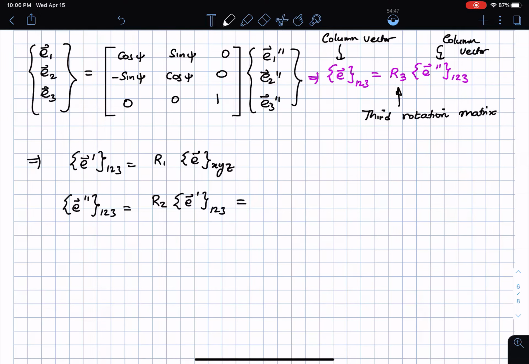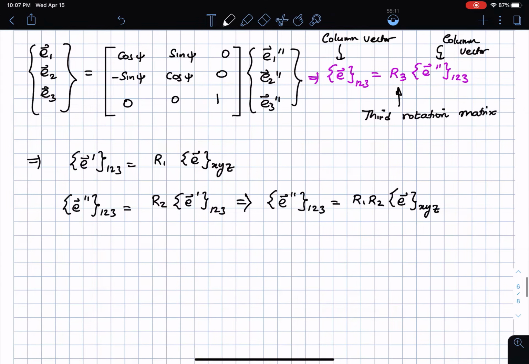But E prime is R1 times E x, y, z, so this tells me that E double prime 1 2 3 is r1 times r2 times e x y z. Okay, all right, so that's another key thing that we have here.